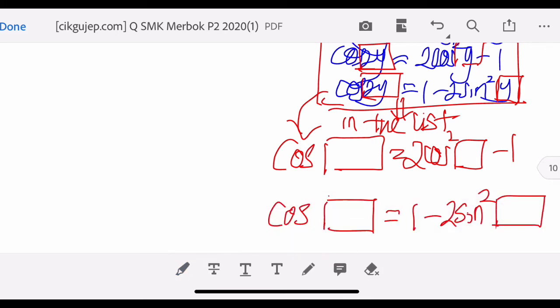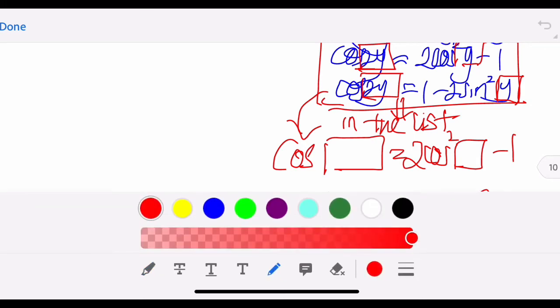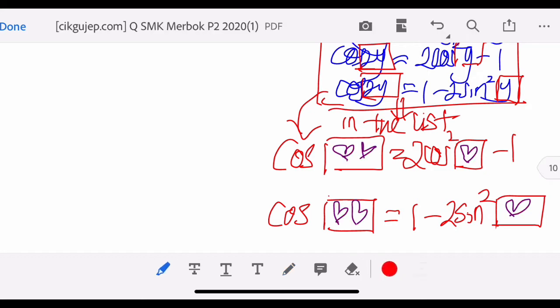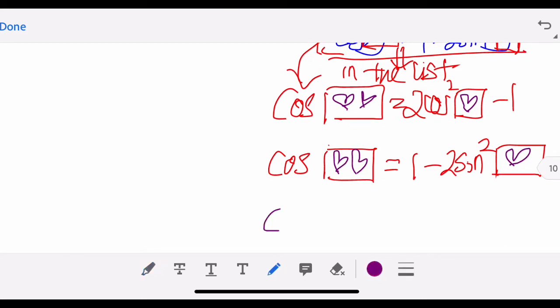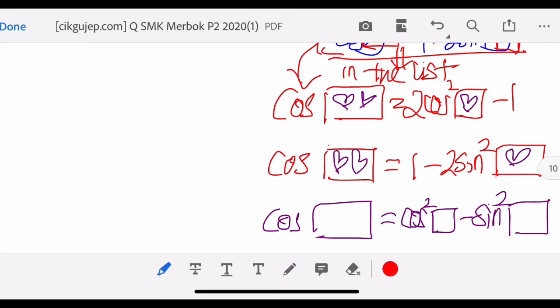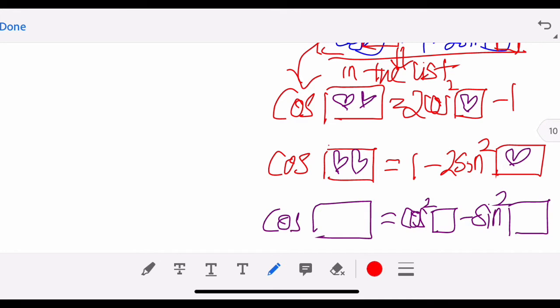So now I'm going to show you how to derive the formula, so that you are aware the formula is actually derived in this way. If you are having cos 2 love, you'll get 2 cos square 1 love minus 1. Same thing, if you are having cos 2 love, you will get 1 minus 2 sine square 1 love. Okay, if you're having cos 2 love, you can write cos square 1 love minus sine square 1 love, right?